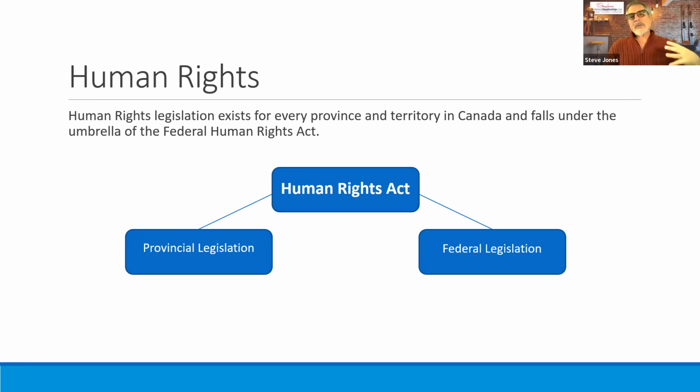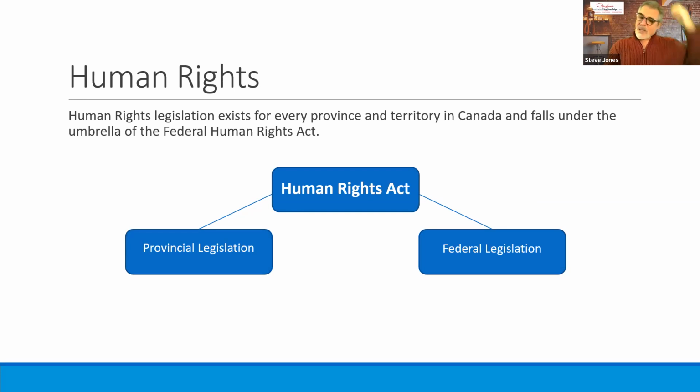We talked about how laws are created in the courts, and we talked about contract law. And we also talked about how the Canadian Charter defines who federally or provincially is responsible for different legislation.